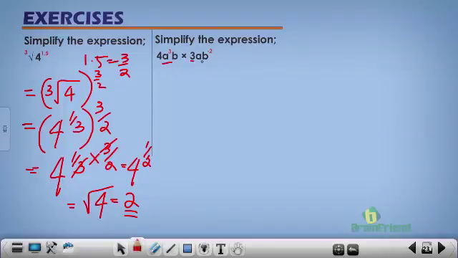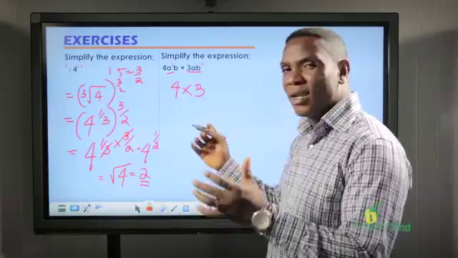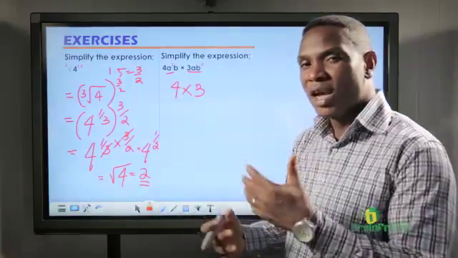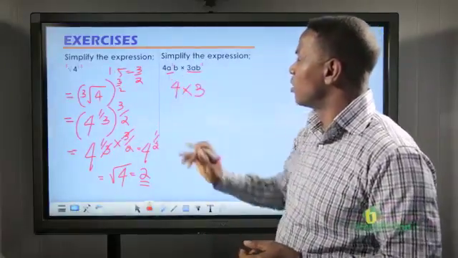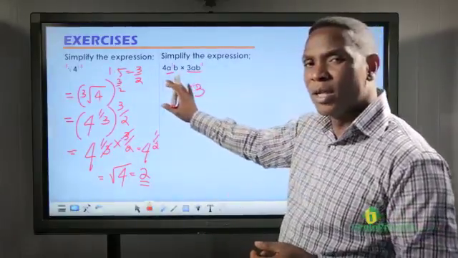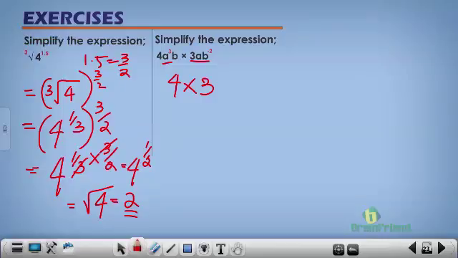If we have something like this, how would we solve this? We would have 4 times 3. Remember we said, get the like terms together. Terms that have things in common, like numbers, put them together on one side of your equation and put the letters on the other side. So you would have 4 times 3, and then you have a raised to power 3 times a.